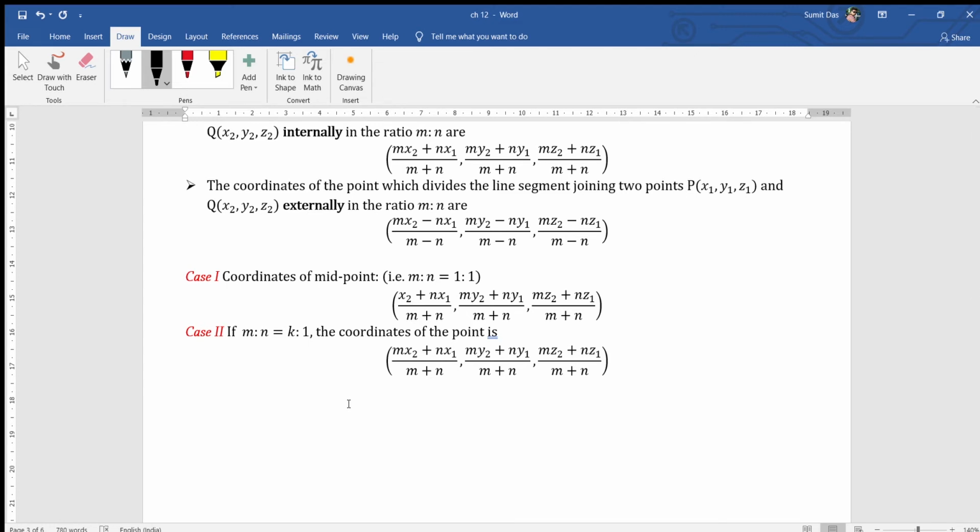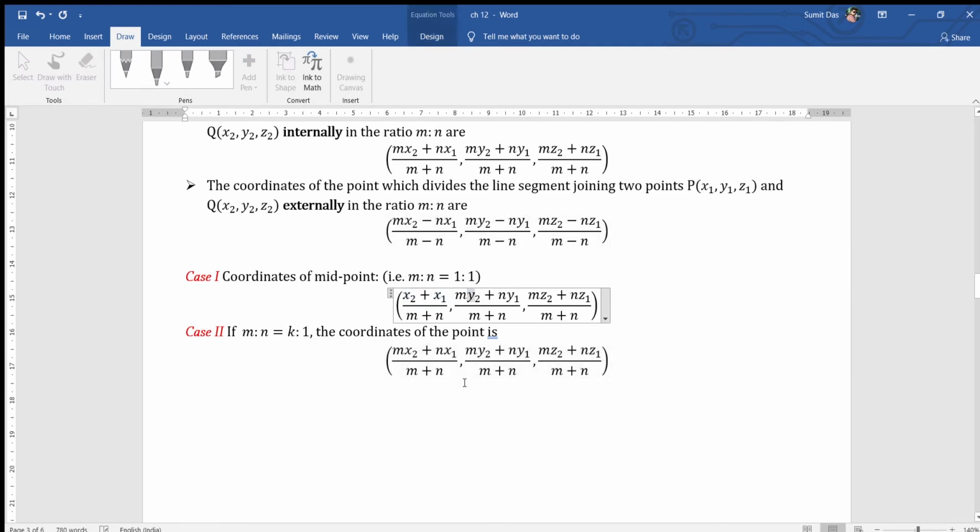So here case 1 is saying, what will be the coordinates of the midpoint? Okay, midpoint means, we all know, m is to n is 1 is to 1. That means all m and n we have as 1.